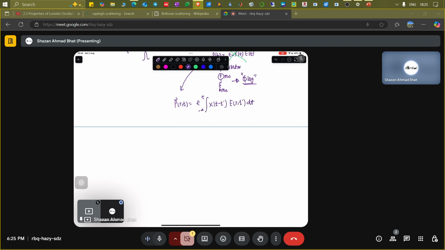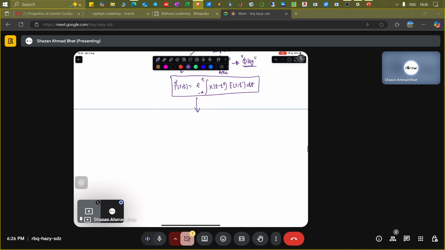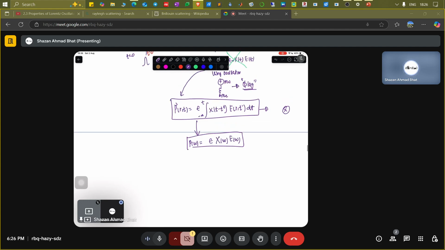You are familiar with this altogether. If you write this in the frequency domain, you can just write it as multiplication in the frequency domain. In the time domain, you don't have a simple multiplication here. Rather, there's a certain function which has to be integrated with it.